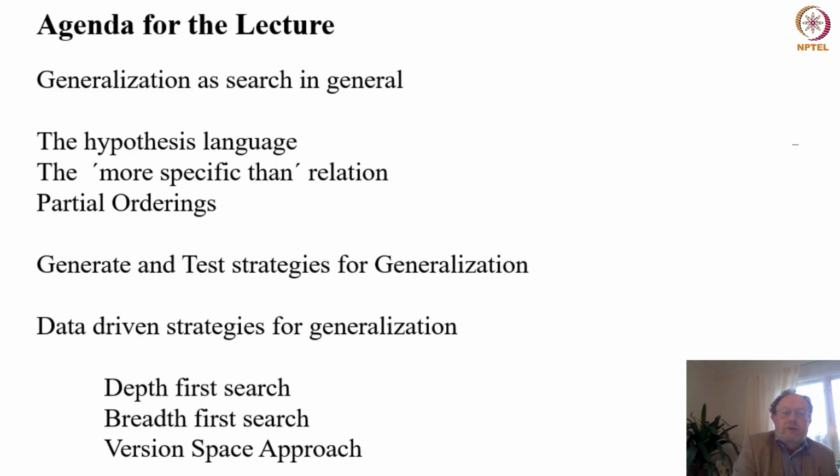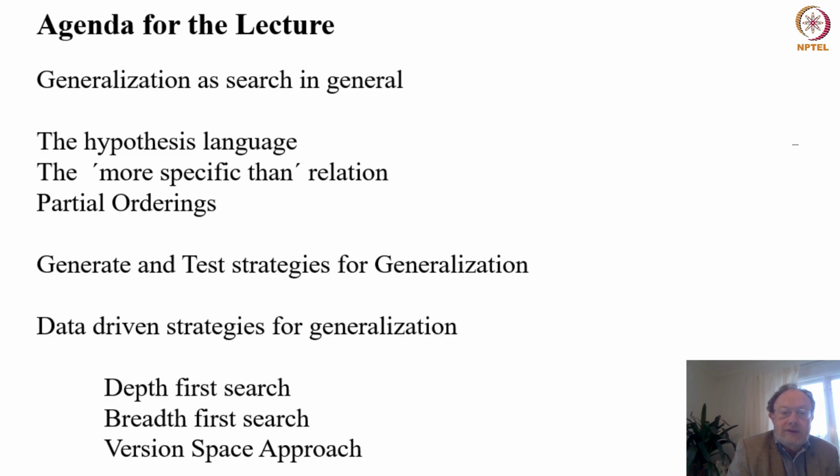We will first start with some general characterization of the aim of this approach. We will then look at the kind of language and formalism we need in order to work with this framework, and then we will look at the two main categories of strategies for doing this.